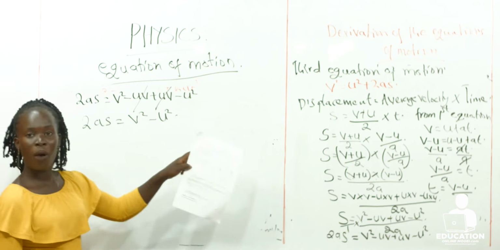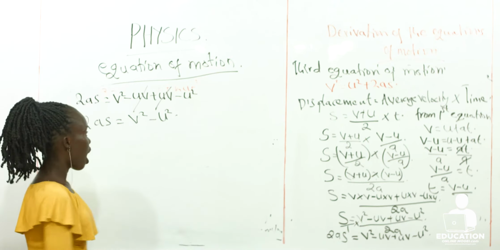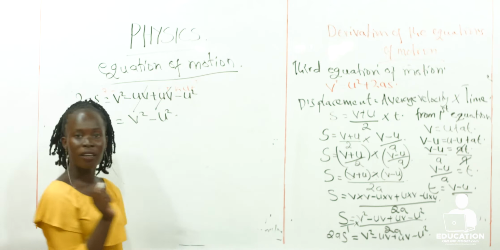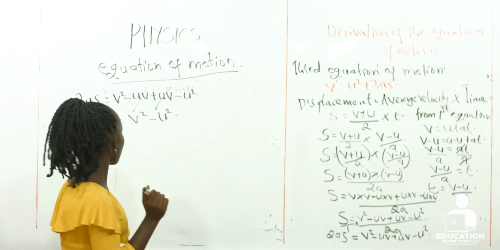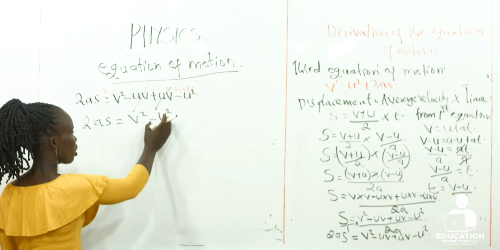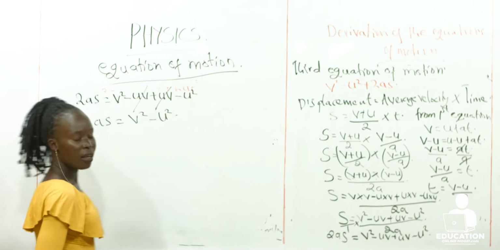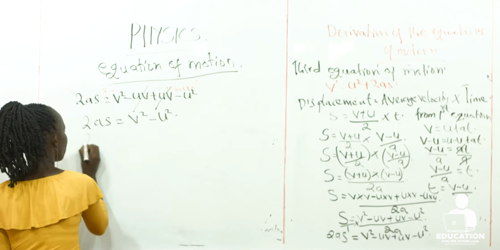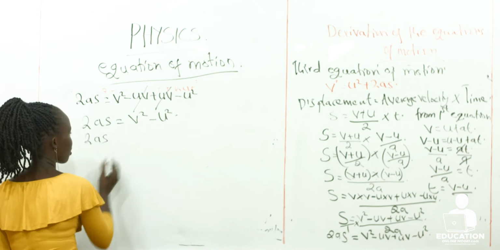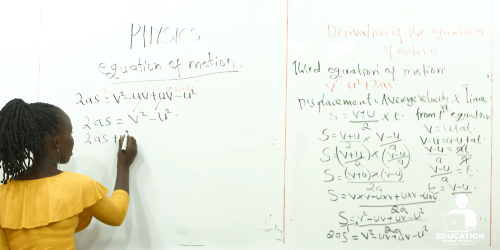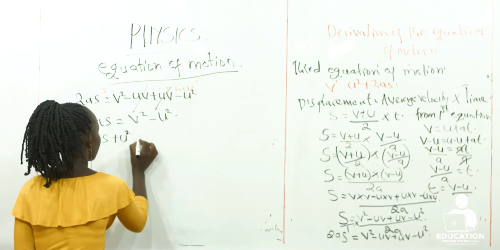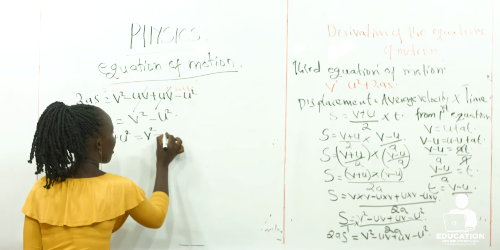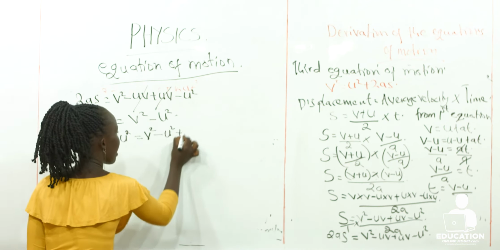But then we want to make our v squared the subject. How do we make it the subject? By leaving it alone on one side of the equal sign. So what we are going to do is we are going to bring our u squared right here by adding it on both sides. So we shall have our 2as plus u squared is equals to v squared minus u squared plus u squared.